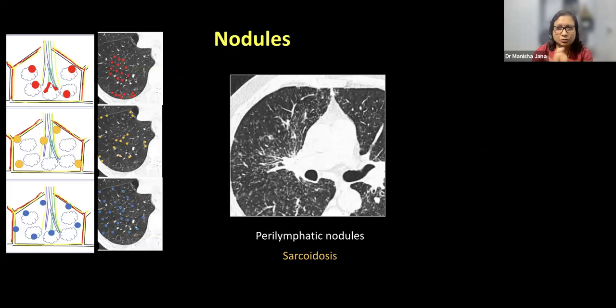So about the white part of that graph, what remains is nodules and masses. So nodules again, we are going back to that image of a secondary pulmonary lobule.